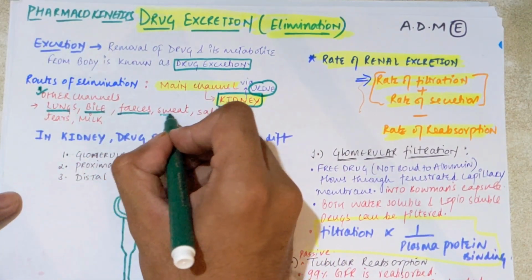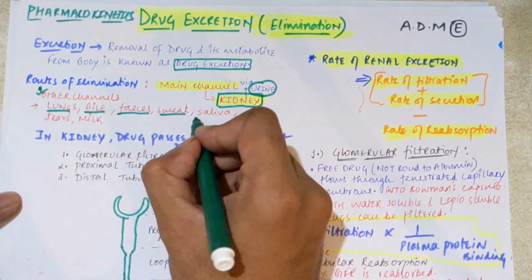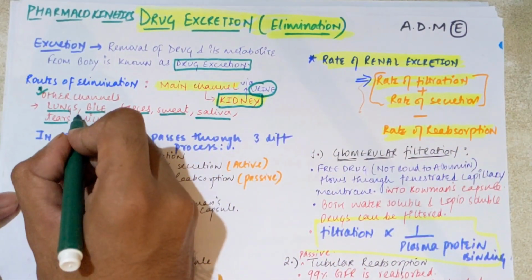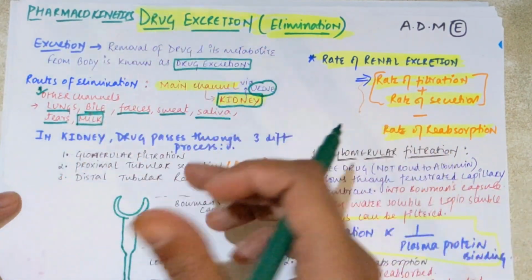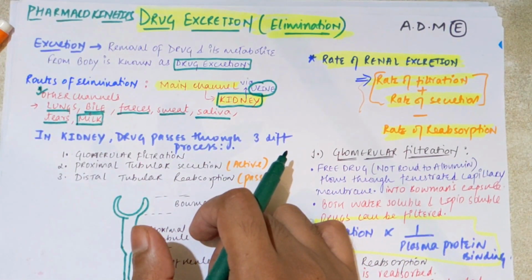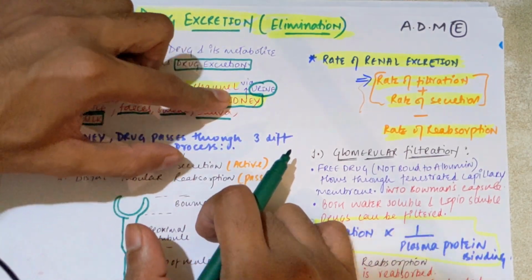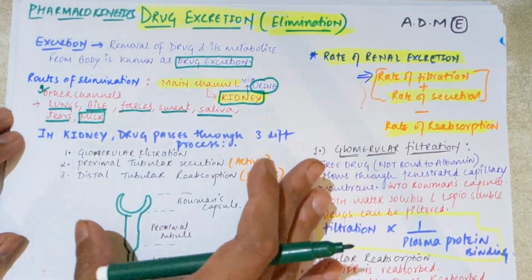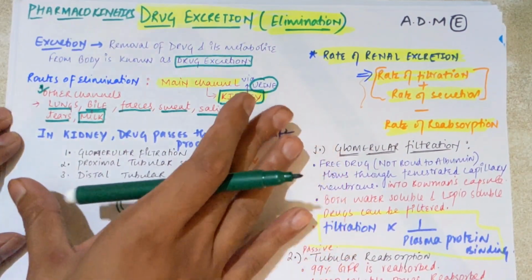Some drugs are also released in sweat, saliva, sputum and tears, and in a breastfeeding mother through her milk. So the main channel is our kidney. We will be discussing mainly the processes which occur during excretion in the kidney.